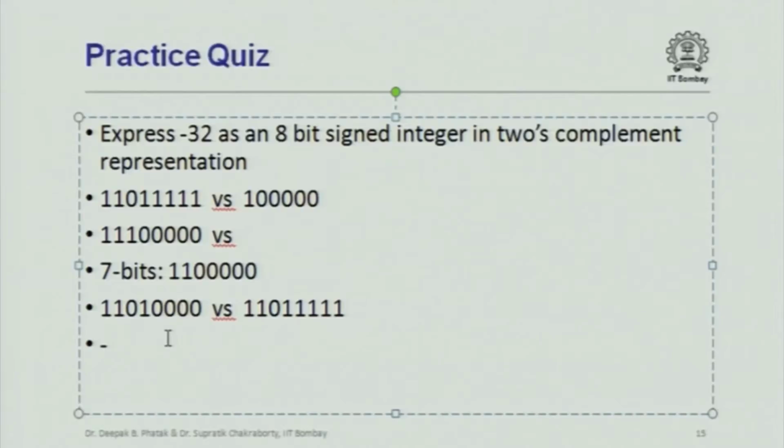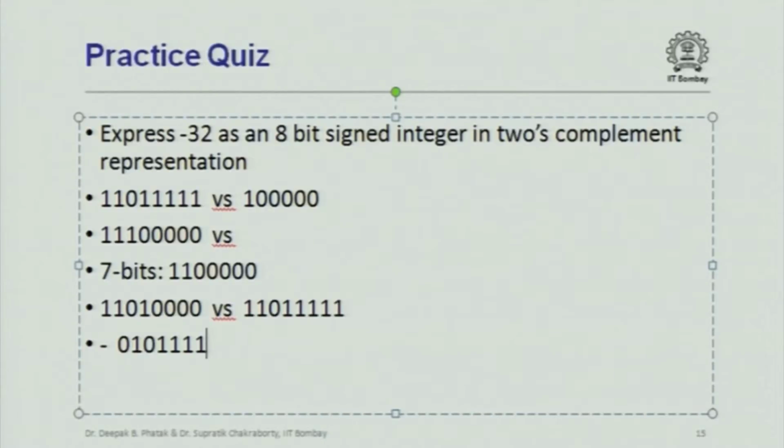How did you get that? The MSB 1 represents minus, and then you take the complement. So you get 0, 1, 0 and 4 ones. Then you convert into decimal. That's 47, and you add 1, that's 48. So it's minus 48.